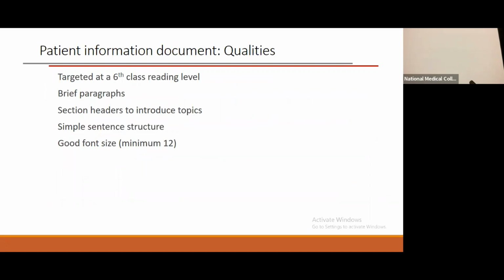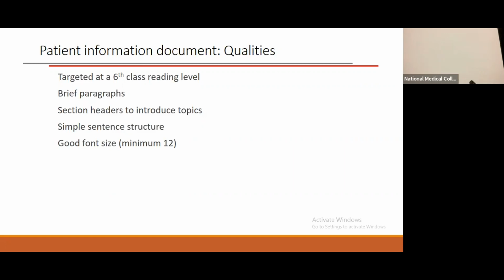So how should you write a patient information document? Not the way what we see in the ethics committees. It should be targeted for a student of 6th class. A patient information document should be so simple that it can be read by a 6th class student, not by an MCh resident.